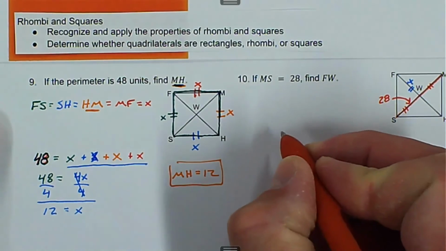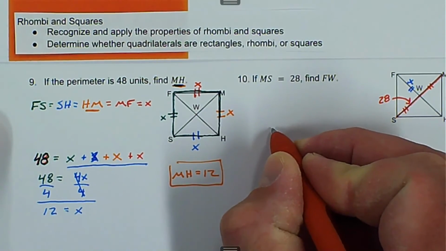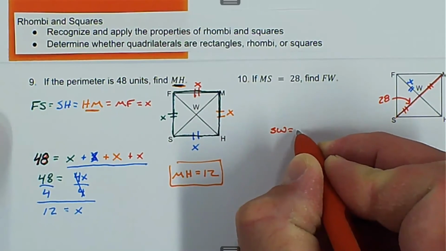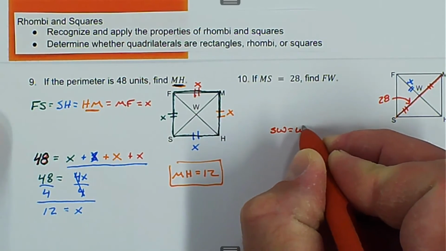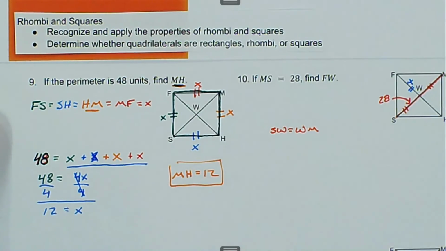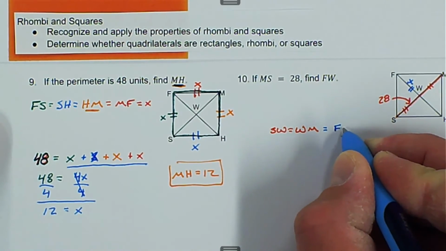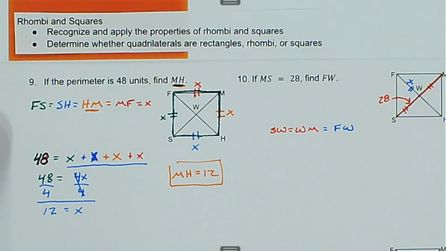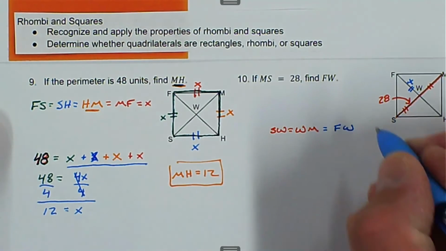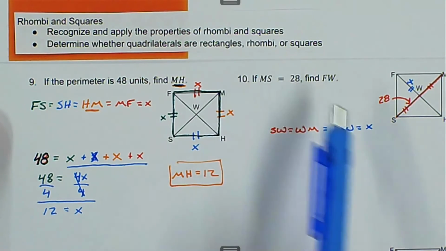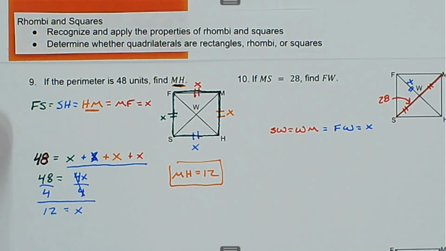So we can say that SW is equal to WM, which is also equal to FW. So those are all equal to each other. And again, we can say that those are all equal to X. Now, the one that we do know is MS. That's the full thing there.